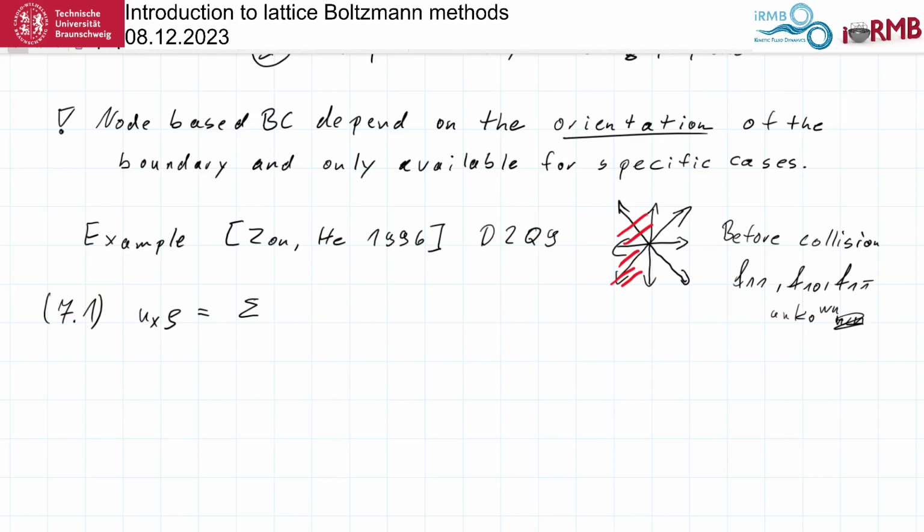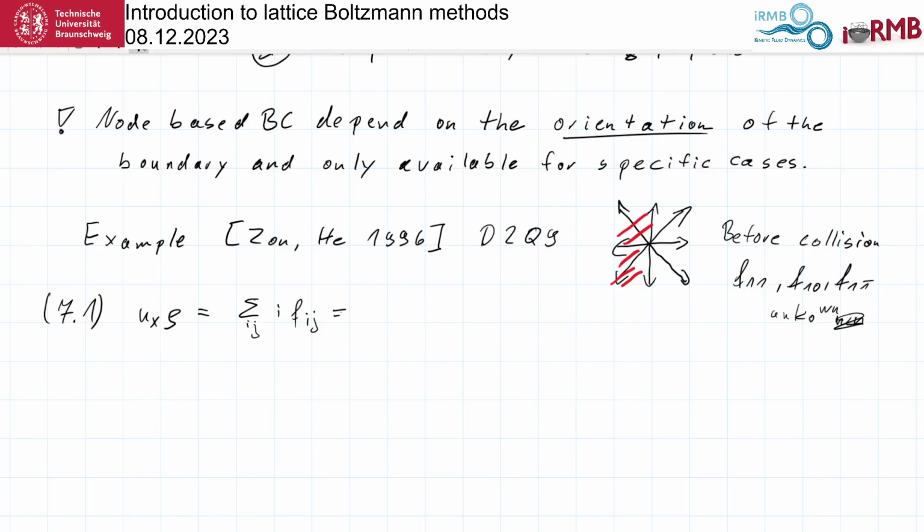Now suppose there is a given velocity ux at the boundary. Then this velocity can be computed as the sum over i of fij, omitting delta x and delta t for the time being.